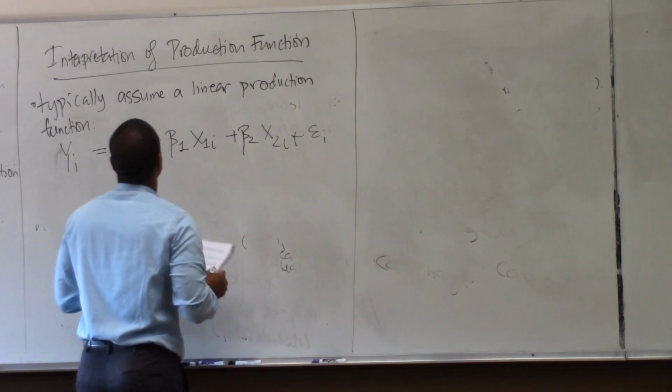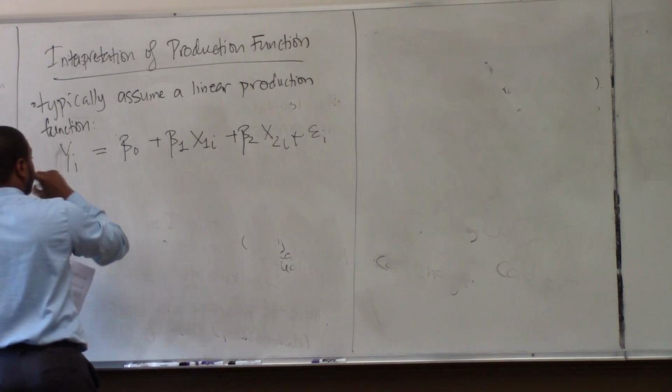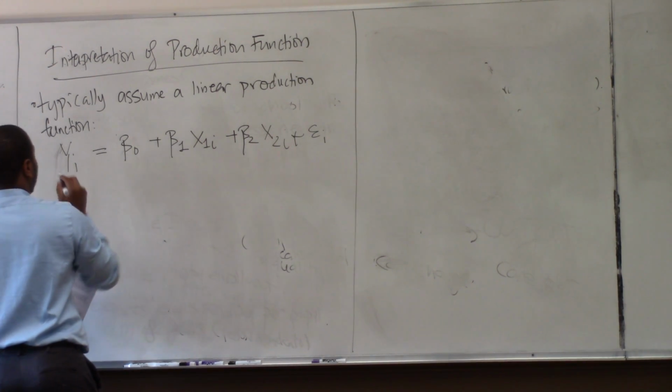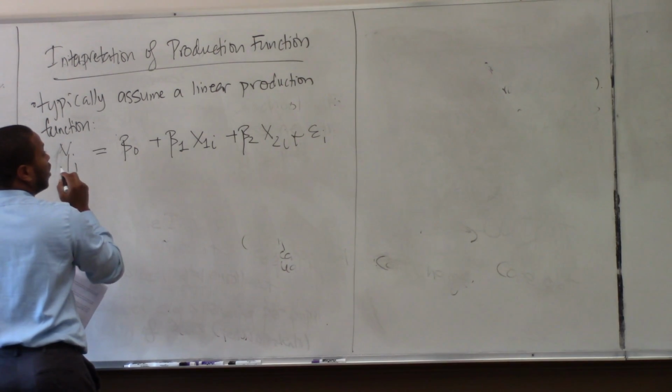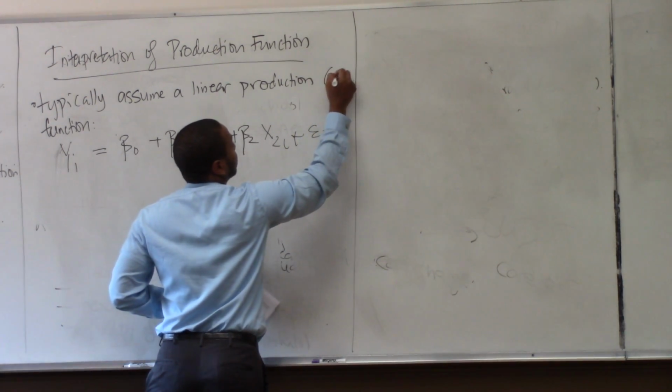Okay? So typically we assume a linear production function. And I should add some more words here. We assume a linear production function. This is in the inputs.